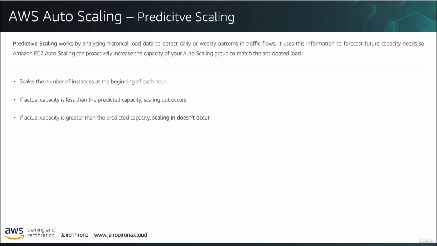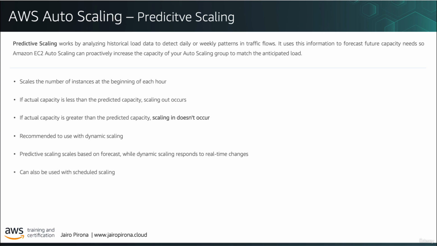So it is important to keep this in mind. If your actual capacity is greater than the predicted capacity, AWS will not scale. Predictive scaling only scales out, not in. Therefore, it is recommended to use predictive scaling with dynamic scaling. Predictive scaling scales based on the forecast, while dynamic scaling responds to real-time or unexpected load changes.